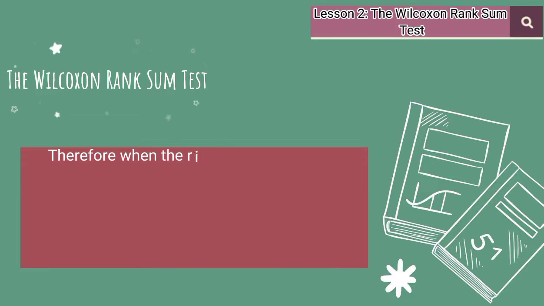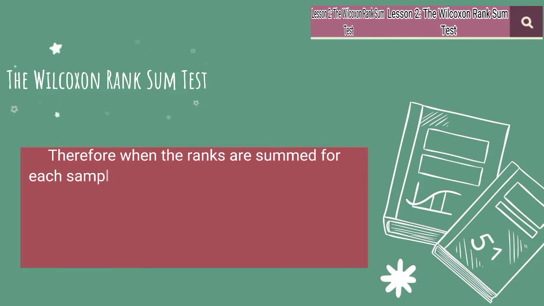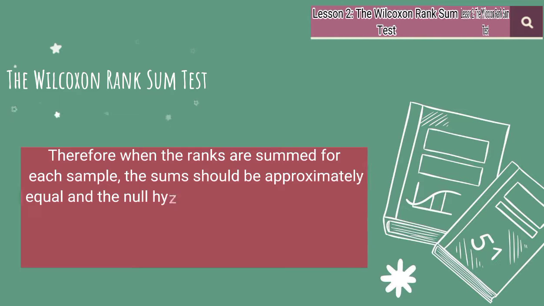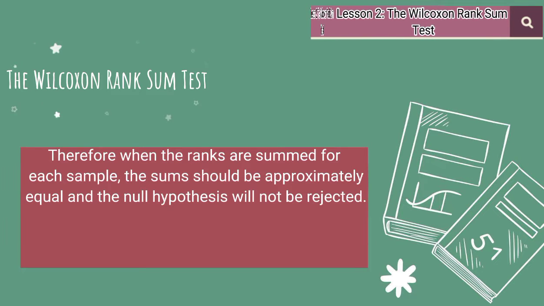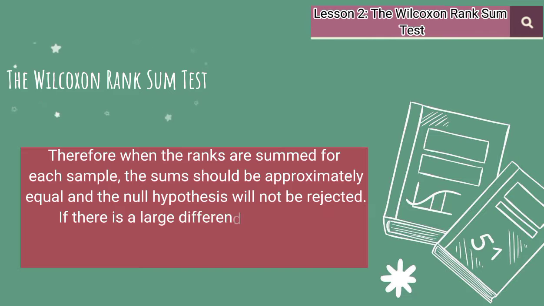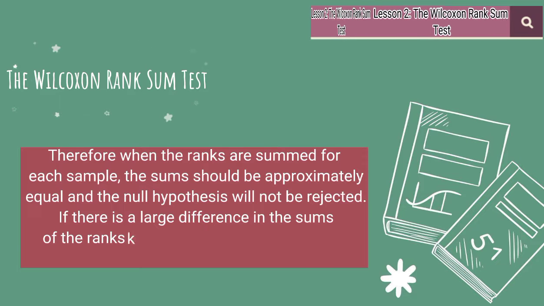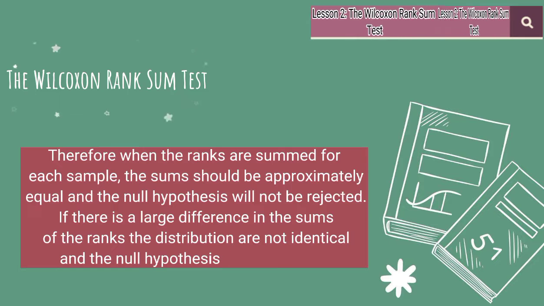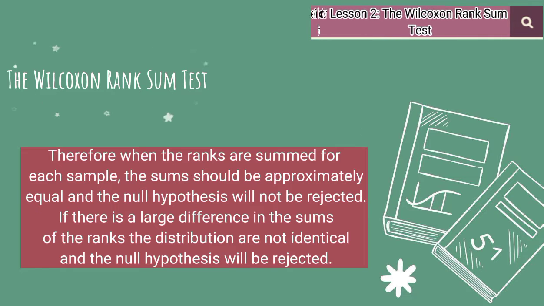Therefore, when the ranks are summed for each sample, the sums should be approximately equal and the null hypothesis will not be rejected. If there is a large difference in the sums of the ranks, then the distributions are not identical and the null hypothesis will be rejected.